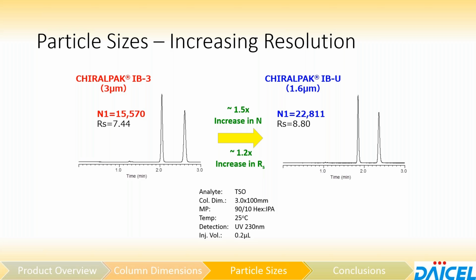And that again has everything to do with the fact that these particles pack more efficiently, and therefore you have an increase in the number of theoretical plates. Going back to what we talked about in terms of improvements in resolution, the square root of 1.5 is 1.2, and so you do see roughly a 1.2 fold increase in resolution, from 7.4 to 8.8.